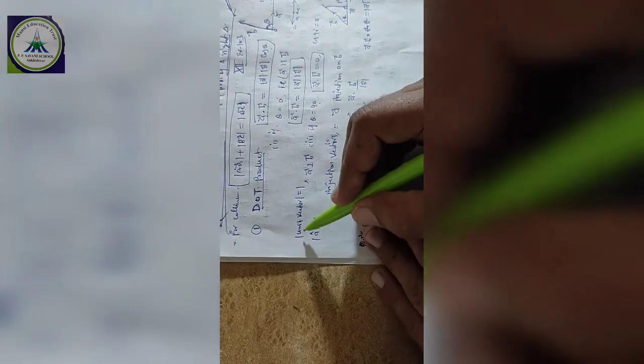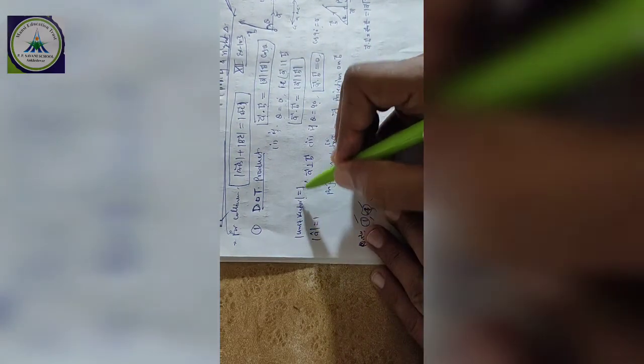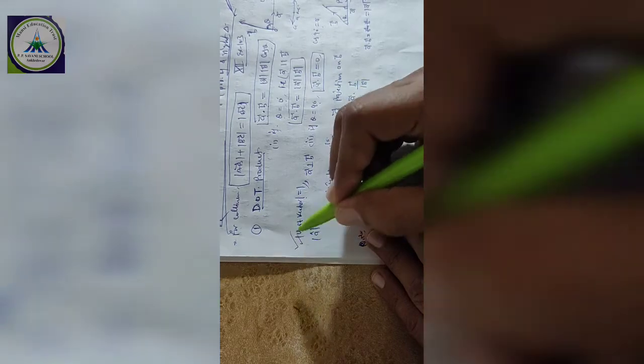Now the unit vector: the magnitude of a unit vector equals 1, a very important formula.